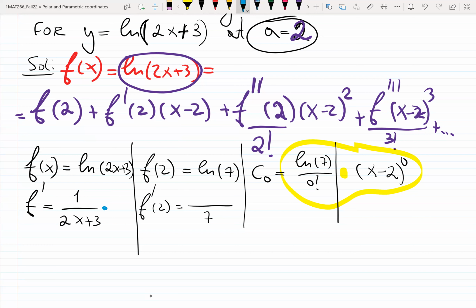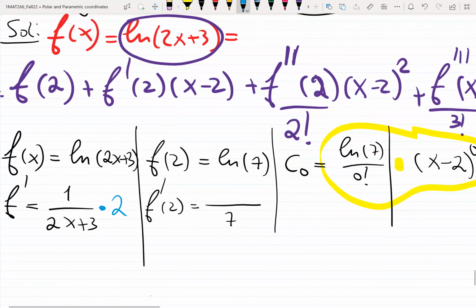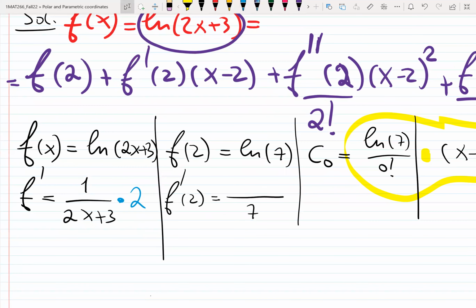The chain rule says times 2: when you differentiate log, it is 1 over u times the derivative of the function inside. That's times 2, chain rule. So it's 2 over 7.